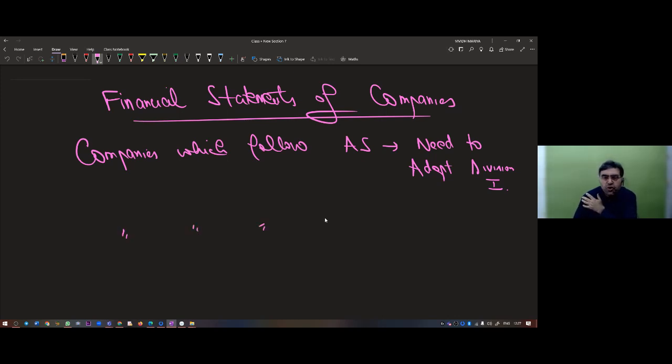Companies which follow Ind AS need to adopt Division 2.